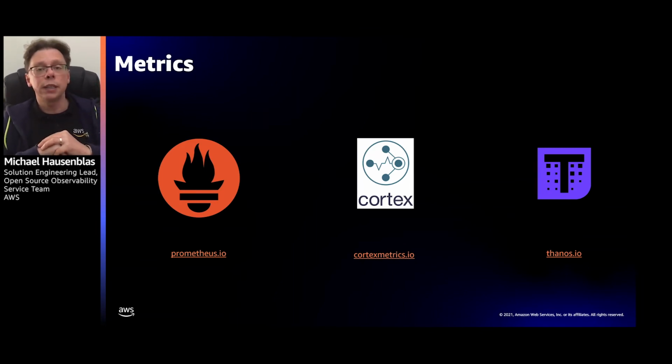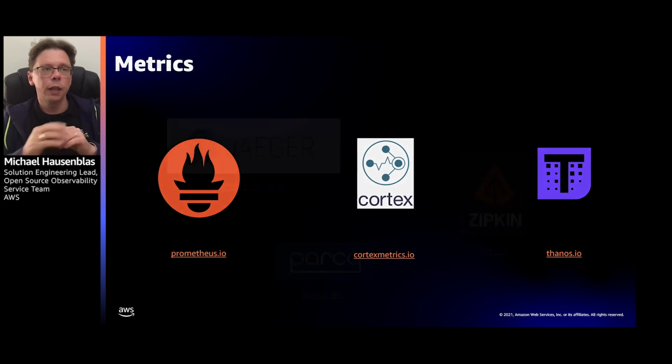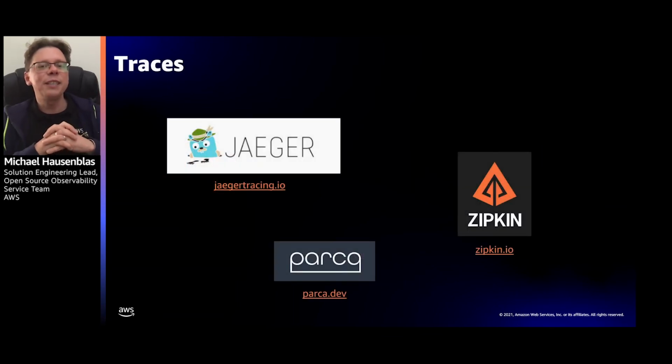And Prometheus is essentially, if you think about it, a time series database that enables you to query those metrics and can, through various protocols, remote read and remote write, ingest the data into things like Cortex and Thanos. Last but not least, in the traces space, we have two open source projects that are mainly concerned with distributed traces.